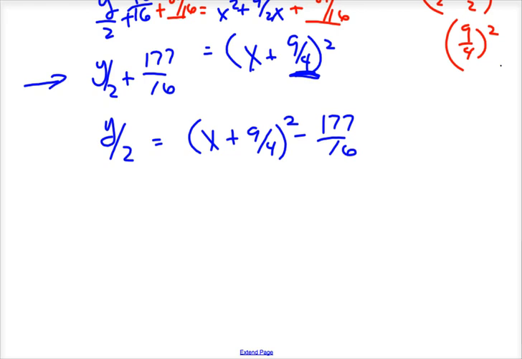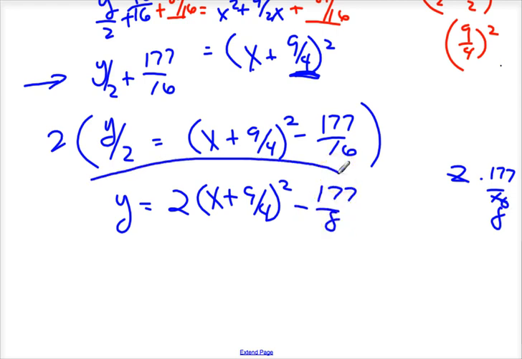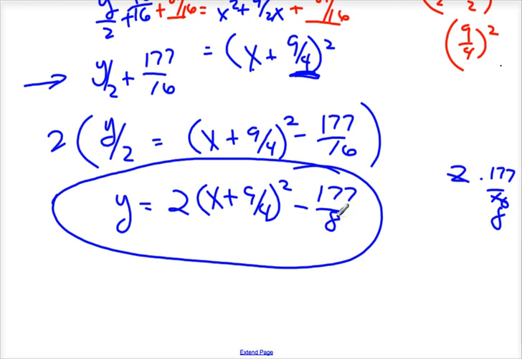So I just brought over the 177/16, and now I multiply everything by 2. 2 in front of the factor, and then 2 times 177/16, all that does is change the bottom into an 8. So that's the answer to that one.